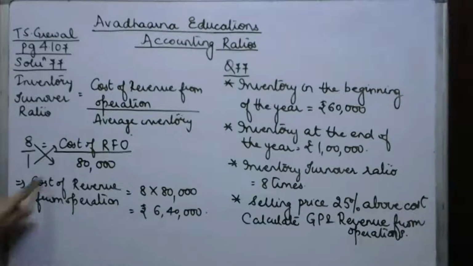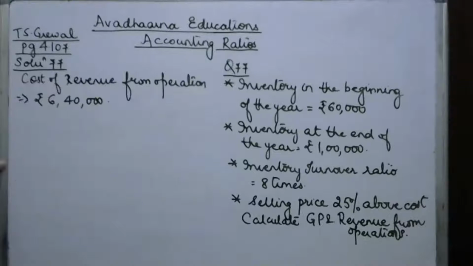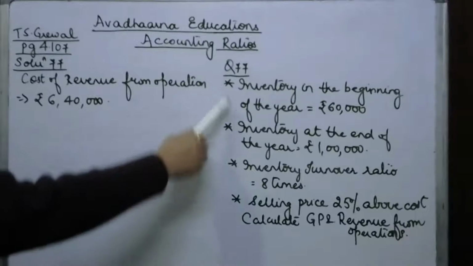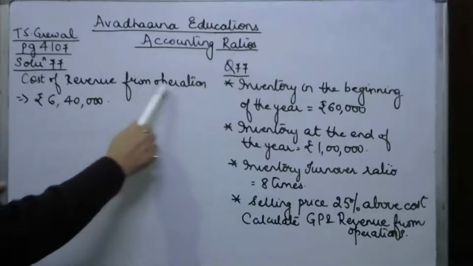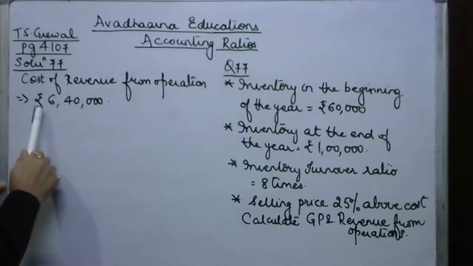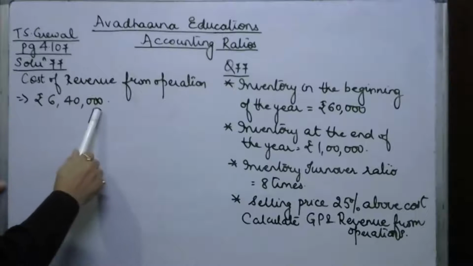Now, cost of revenue from operation is 6,40,000. So up till now, we had calculated average inventory, which was 80,000. Then cost of revenue from operation, we had calculated it as rupees 6,40,000.